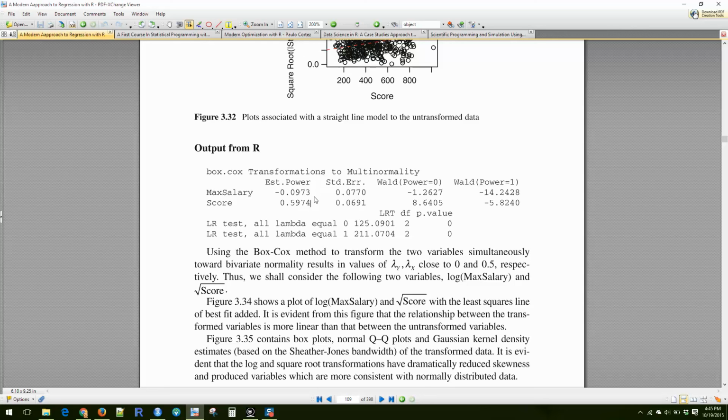A lot of times, and you might have people with different opinions, but we might choose to use nice round numbers like 0, okay, for this one, which corresponds to a log transformation, and 0.5, which corresponds to a square root transformation, just because those are a little bit easier to grasp conceptually.